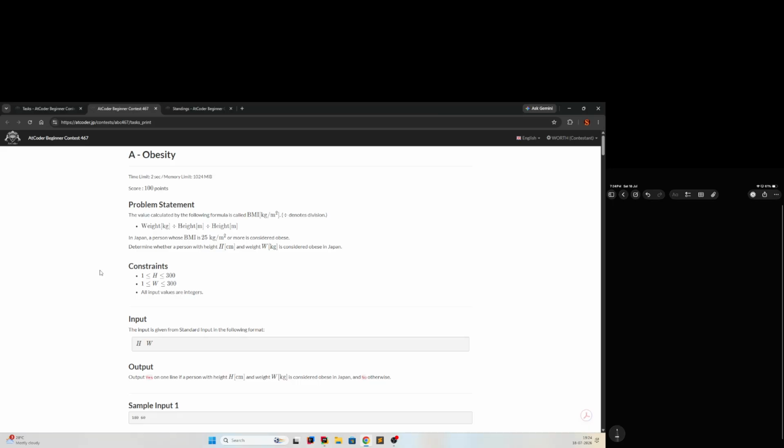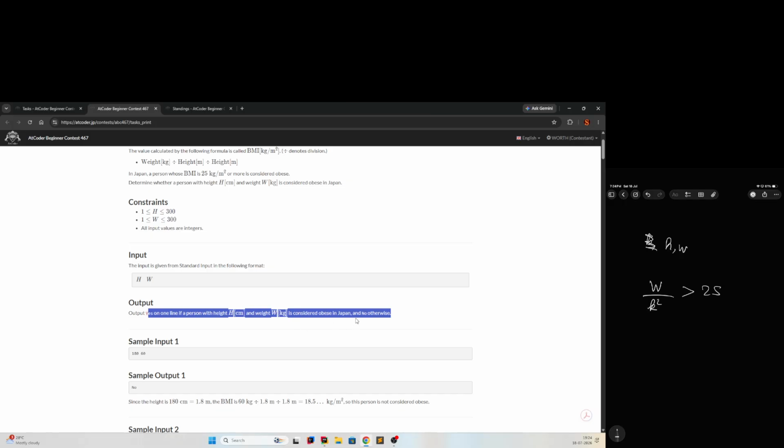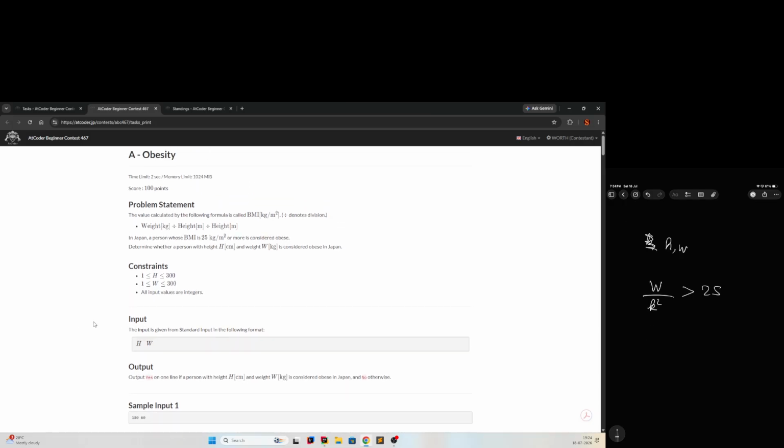So if we are given h and w, then w divided by h square less than or equal to 25 or greater than 25 for obese, let's say. We have to tell yes if obese, right? So this is the condition we have to follow. Generally, I personally avoid integer division, like avoid division as much as possible.